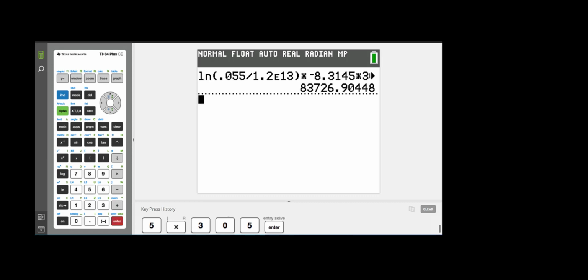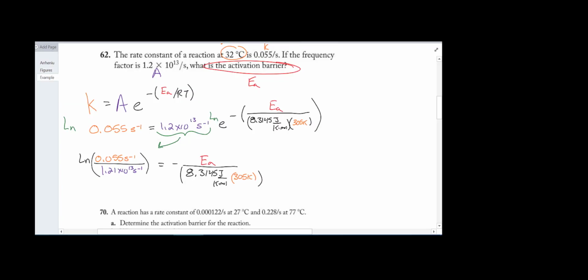And I get 83727. And sig figs, it looks like I have 2, so 84,000 joules, or 84 kilojoules. And that's what I get for number 62.